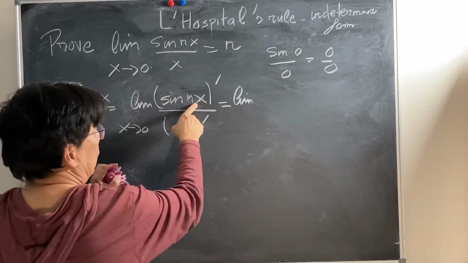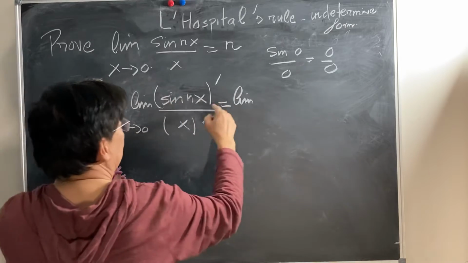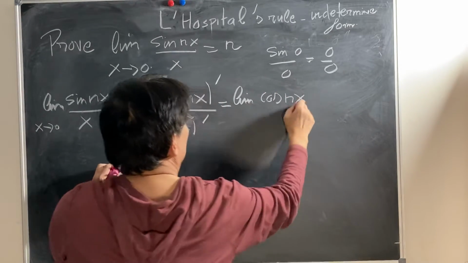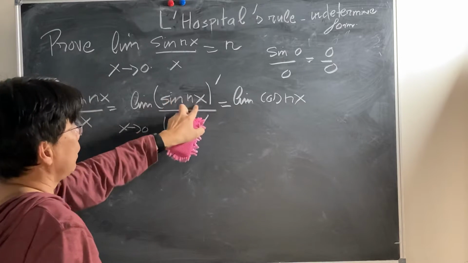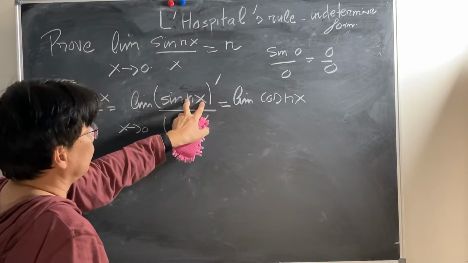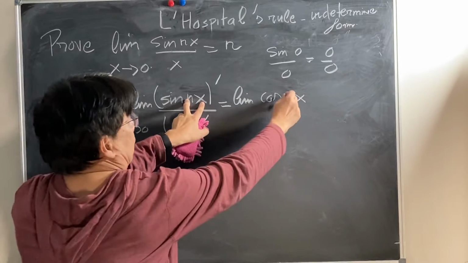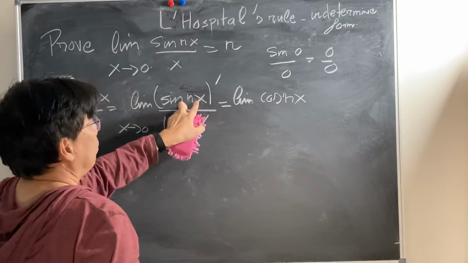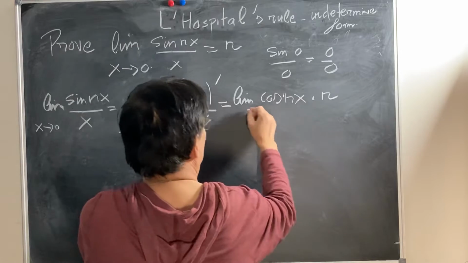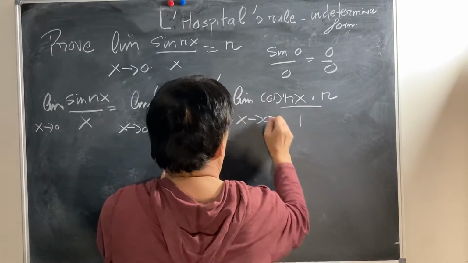The derivative of sine x equals cosine x. But here it's sine nx, so you have to use the chain rule: the derivative of nx times cosine of nx. The derivative of nx equals n, so multiply by n, divided by 1, as x goes to 0.